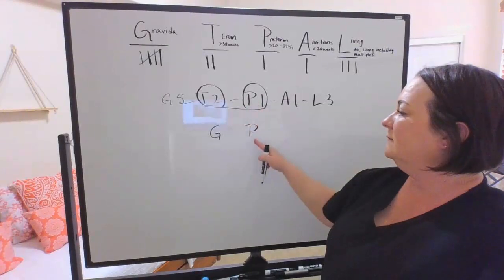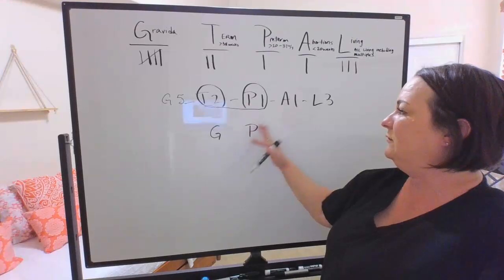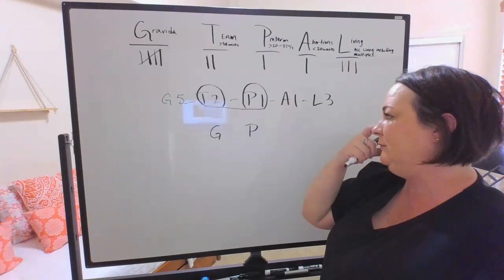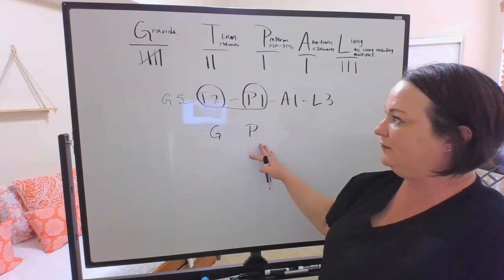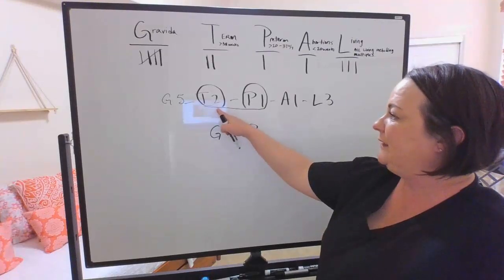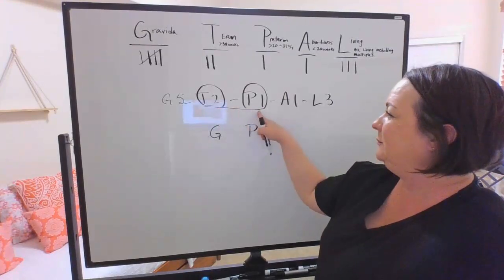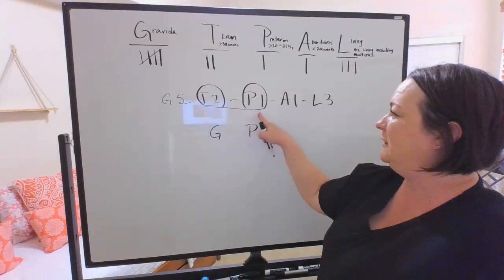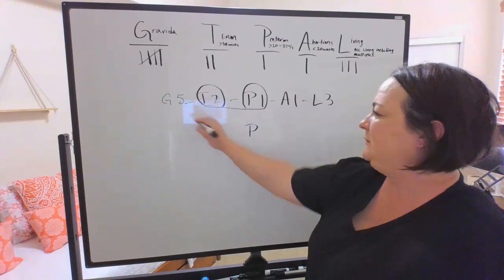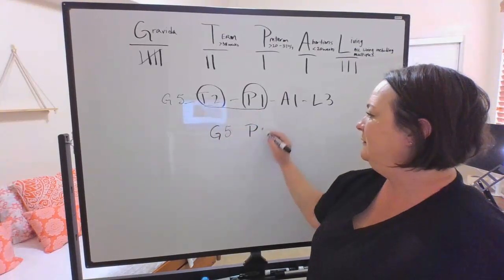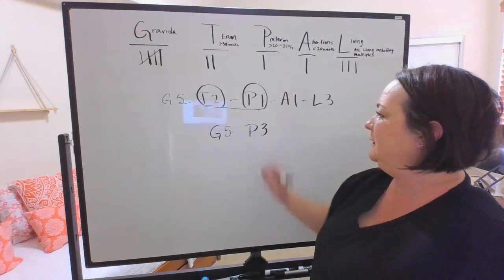This one is all those pregnancies past 20 weeks. She had 2 and 1, which is 3. So she would be a gravida 5, para 3.